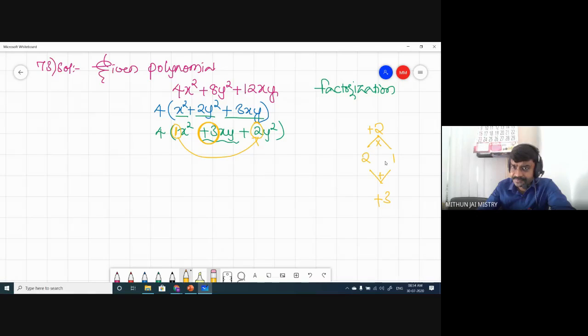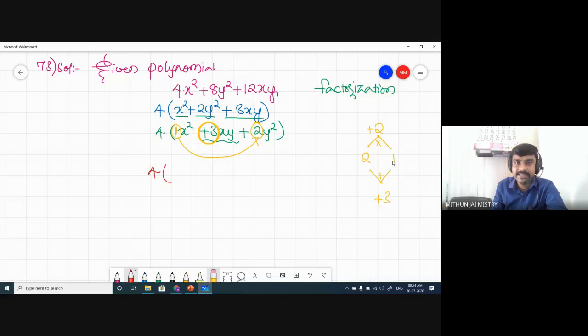Now have a look. Instead of plus 3xy, the middle term is split. Splitting means breaking into. So I have to write plus 3xy as plus 2xy plus 1xy. How? Like this. First, 4 will be as it is outside. Let me take red.